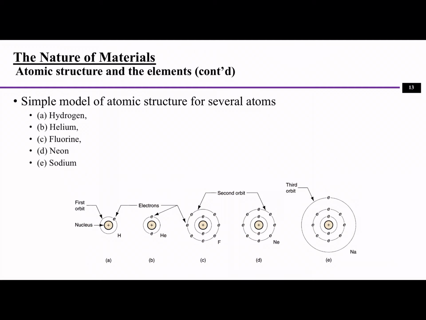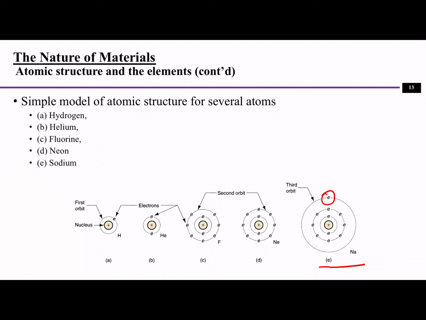All right, now let's look at a simple model of atomic structure for several atoms. The first one is hydrogen. You can see hydrogen has only 1 electron outside, and also some other elements. And something you need to notice is sodium.